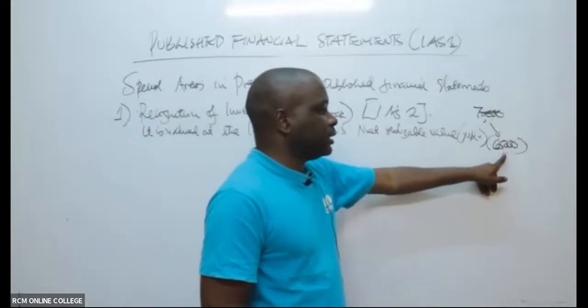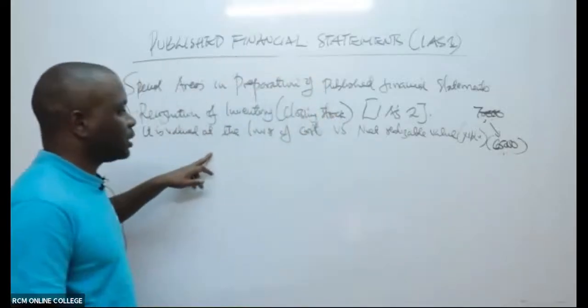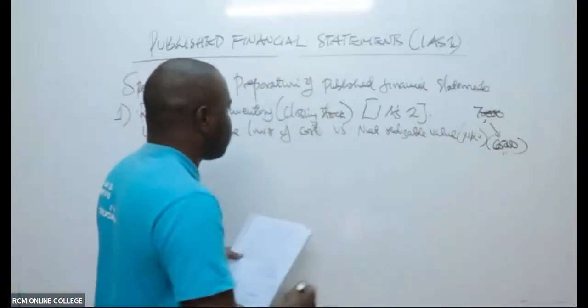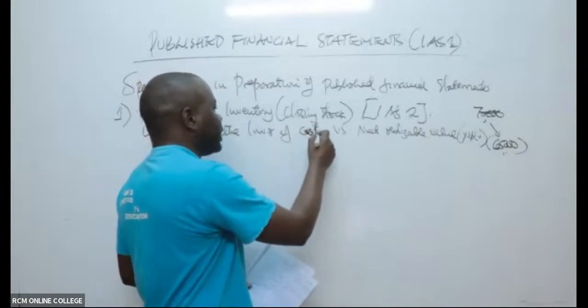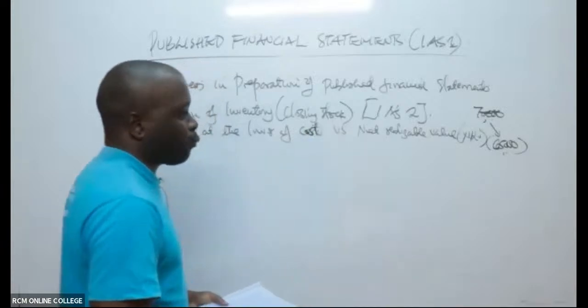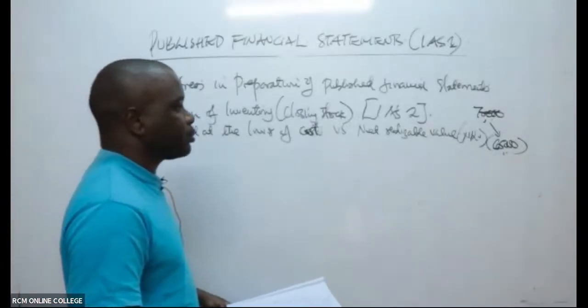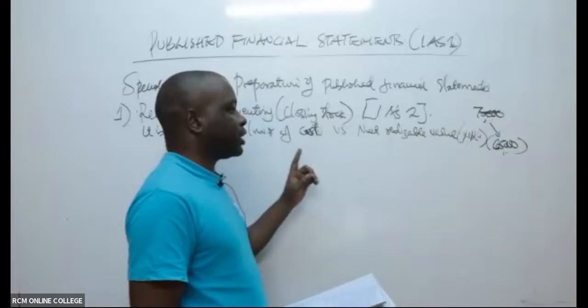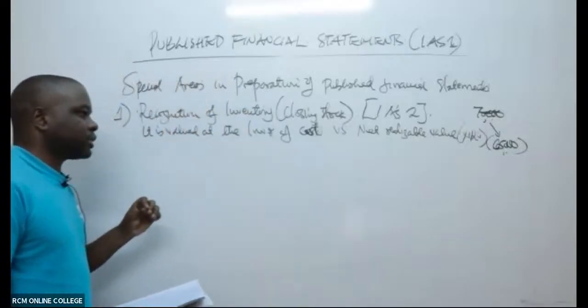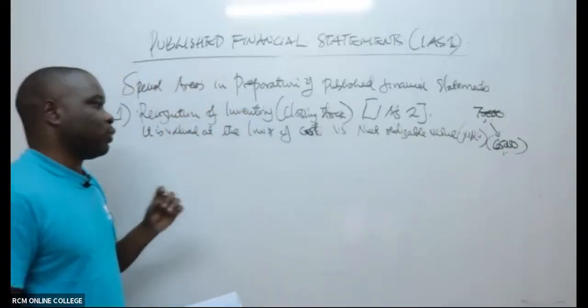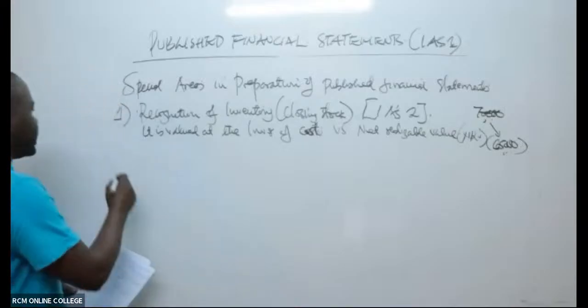This is the NRV, because you take the lower of cost and net realizable value. So you use 65,000 to determine the closing inventory in the balance sheet, and it is also used when determining the cost of sales.